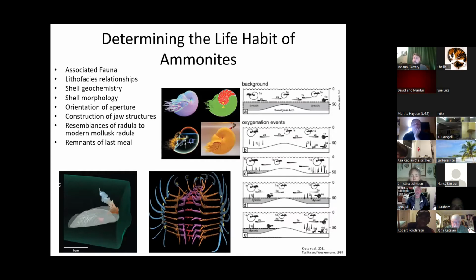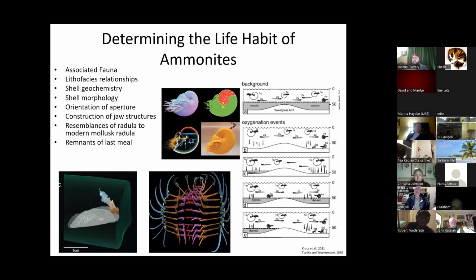And we can support that kind of data by looking at the lithofacies: what types of rock record they're preserved in, whether organic carbon-rich facies versus, let's say, sandy, shallow water facies. We can figure out where they lived based upon what kind of facies they lived in.